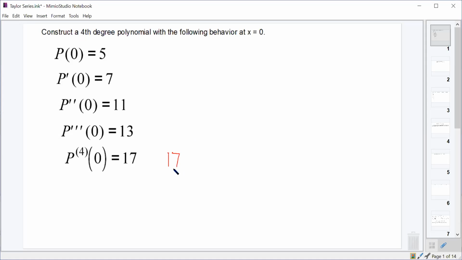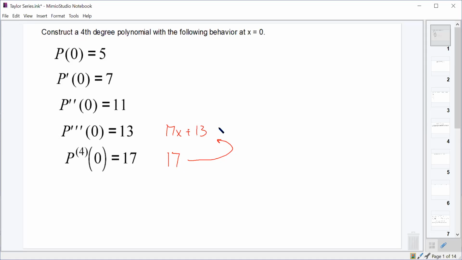So if the fourth derivative was 17, what should our third derivative be? 17x plus 13, right? Everybody agree with that? That way, when we plug in 0, that 17x goes away, and it's just this 13.